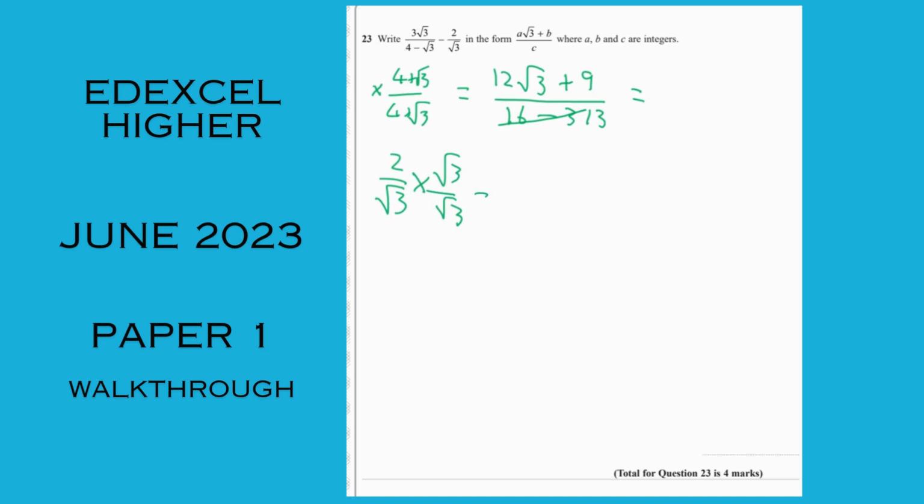Times top and bottom by root 3. We're getting 2 root 3 over 3. Now to add or subtract fractions, you need the denominator to be the same. So let's take this bottom fraction, the second term in other words, and times top and bottom by 13. And let's take the first term and treble the top.